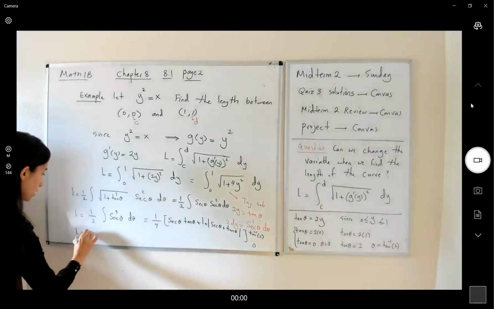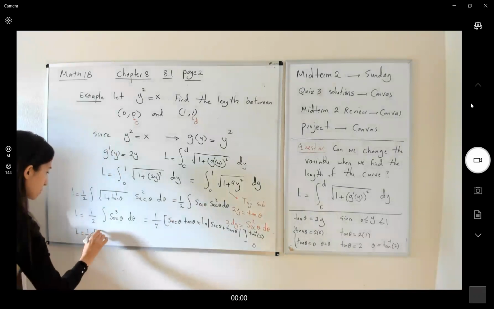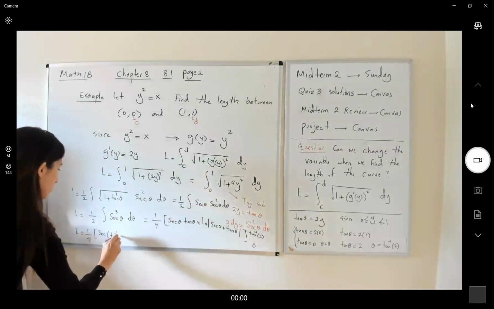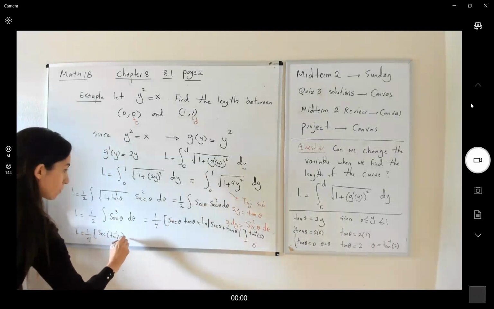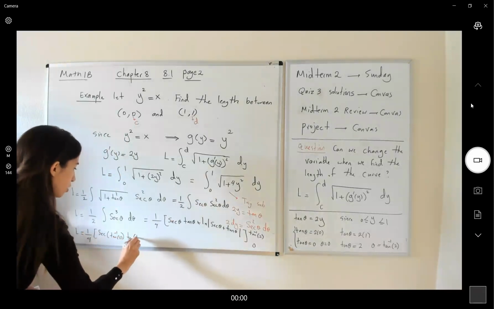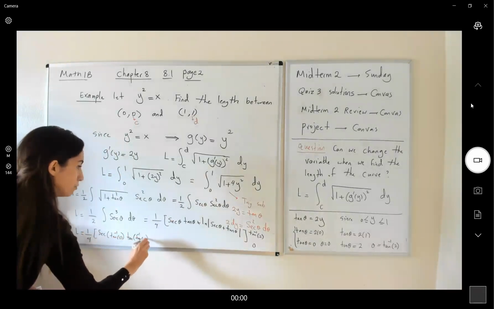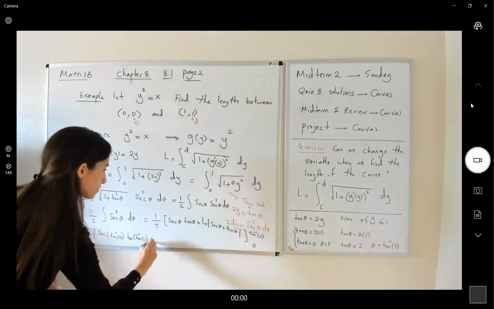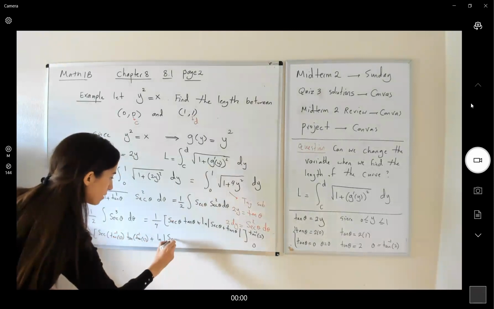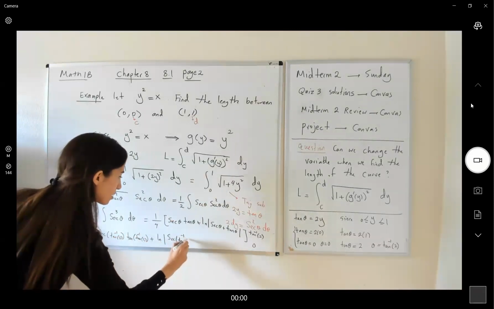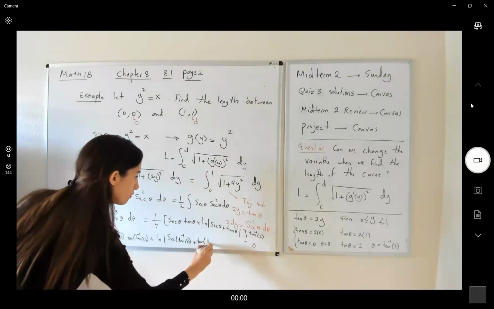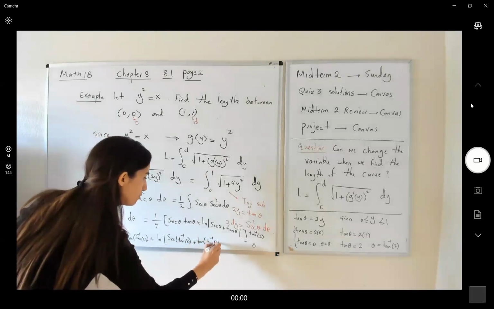You get L equals 1 over 4 secant of inverse tangent of 2 times tangent of inverse tangent of 2 plus ln of absolute value of secant inverse tangent of 2 plus tangent of inverse tangent of 2.